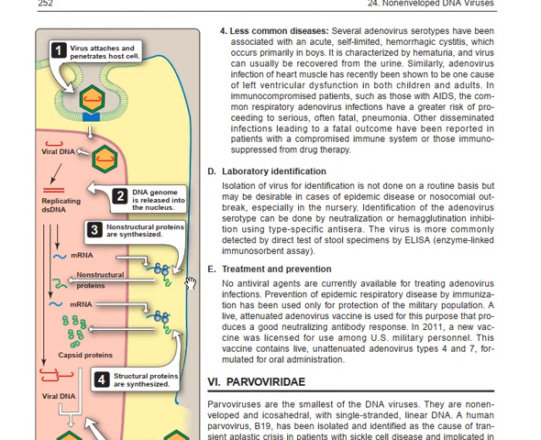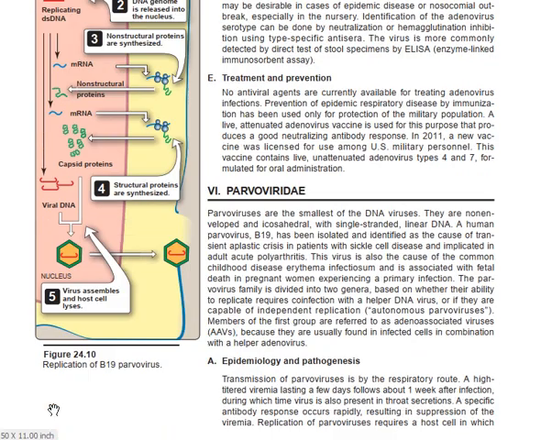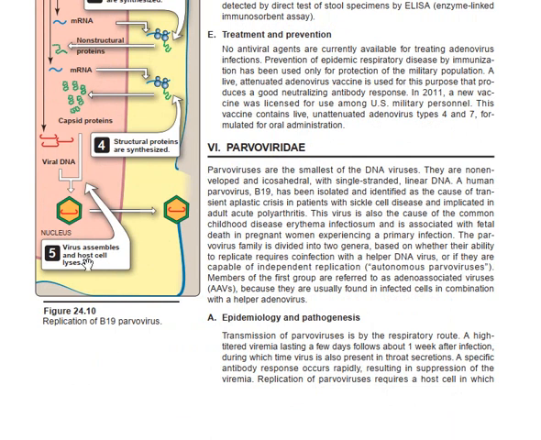The non-structural proteins which were first produced are going to enter back and are also going to help in the replication again of that double-stranded DNA to produce the messenger RNA that is going to produce again structural proteins. Now the structural proteins are going to bind with the viral DNA to produce again the nucleocapsid that is going to be released. Is it clear? So this is just the parvovirus B19.